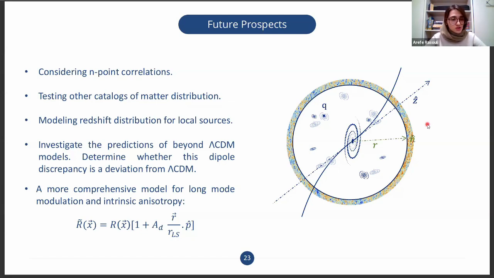Right now we are trying to find a more comprehensive model and to improve our previous model by considering the escape and distance dependency of the sources from the center, which is the Milky Way, in order to do a modulation on this curvature perturbation.